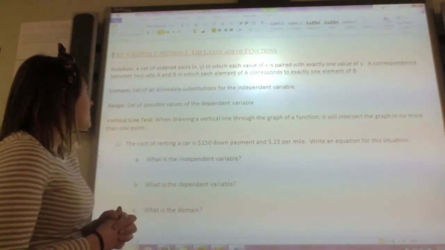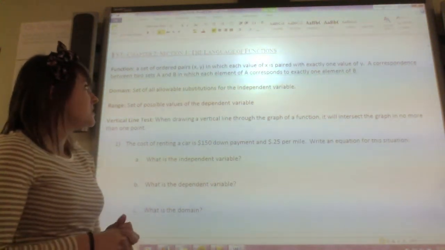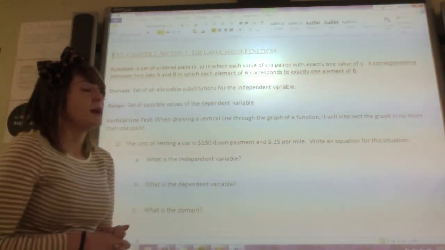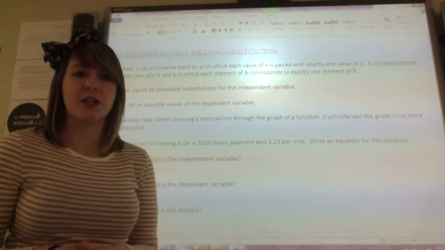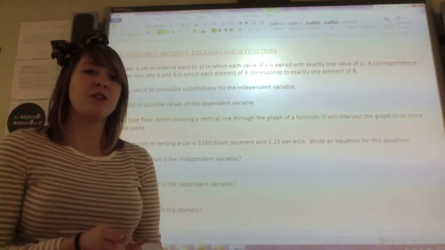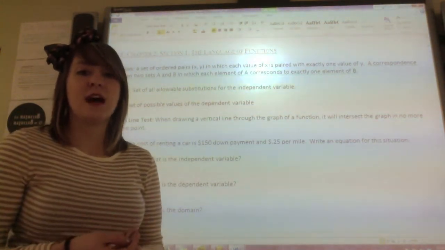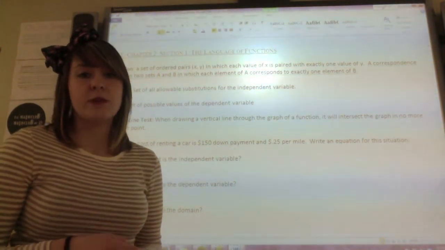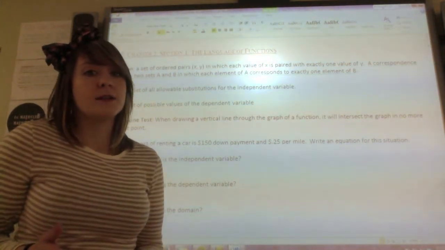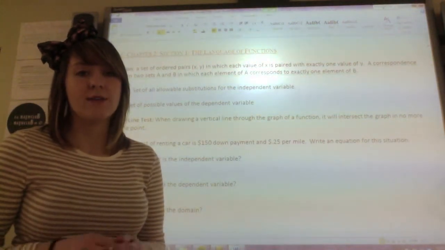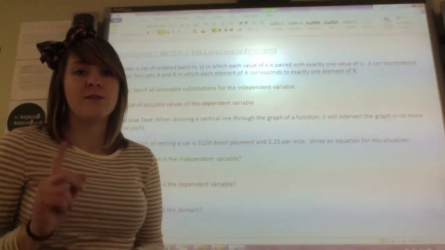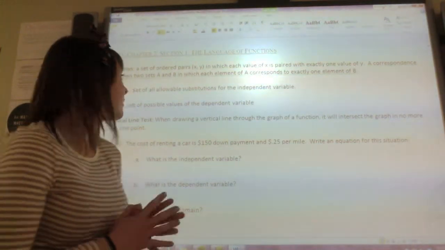So a correspondence between two sets A and B in which each element of A corresponds to exactly one element of B. So in other words, in order for something to be considered a function, for everything that you put into the function, you have to get exactly one thing out. So if you can't get anything out, then it's not a function, and if you get more than one thing out, then it's not a function. So you have to get exactly one thing out for everything that you put in.